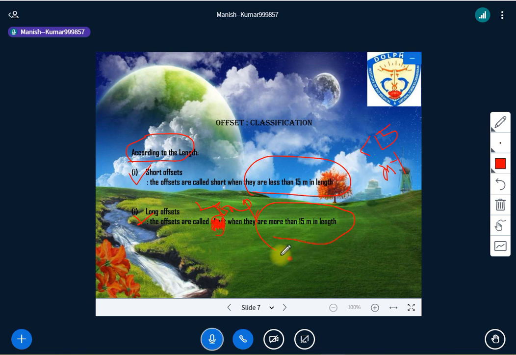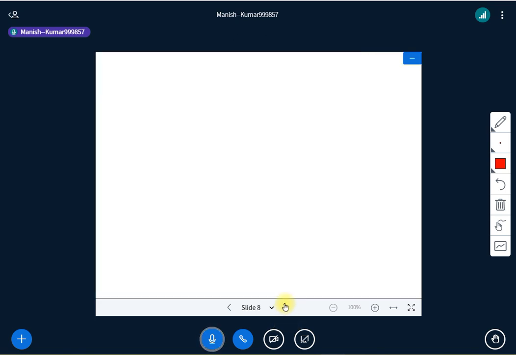So it will be greater than or equal to 15 meters. Short is less than 15 meters, but long offset is greater than or equal to 15 meters. As I told you, to minimize the error, we prefer short offset. Is it clear?